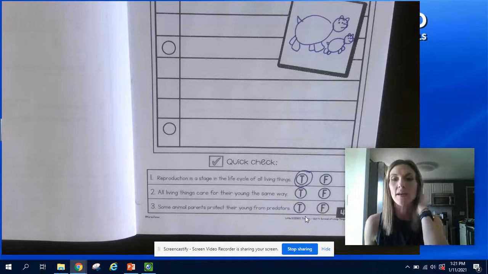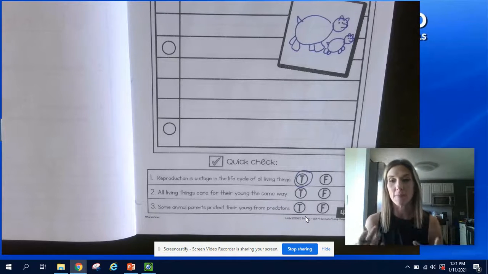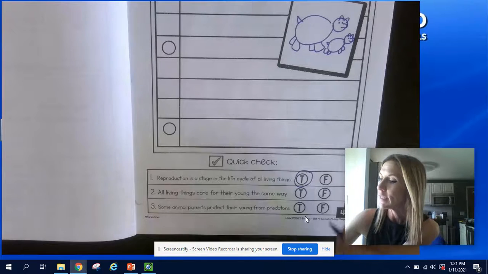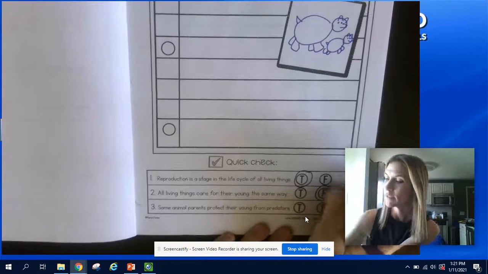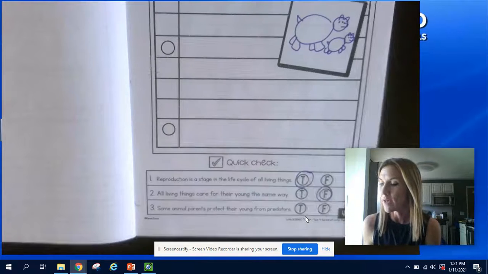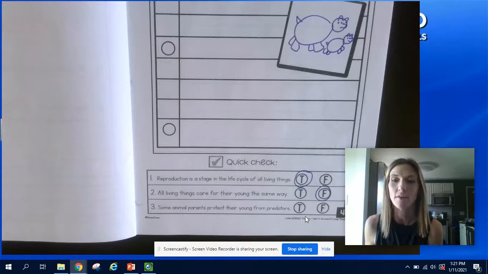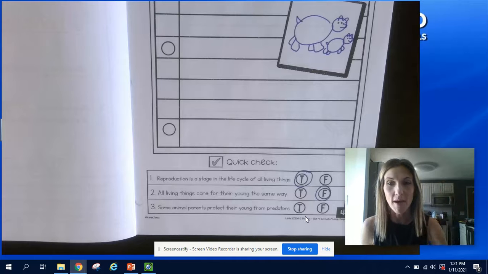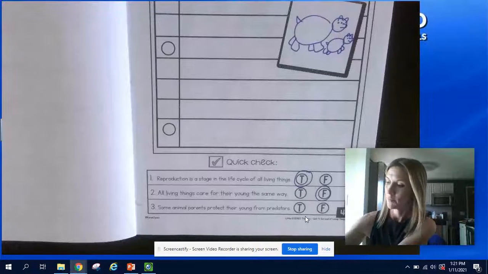So think about that. Does everything care for its babies the exact same way? No, there's lots of different ways that animals take care of their babies. So this answer would be false. And then the last one says, some animal parents protect their young from predators. That was one of the 4 things we talked about. So this would be true.